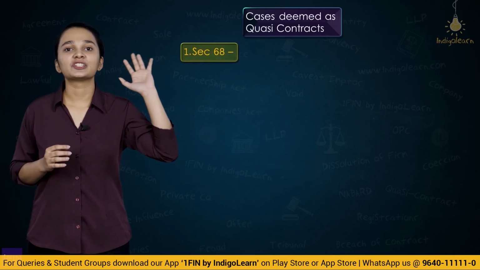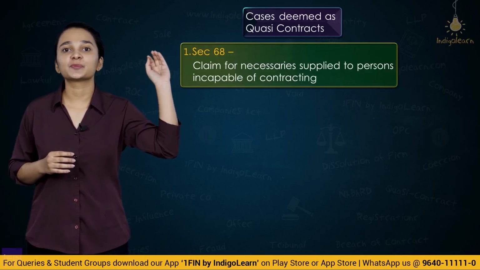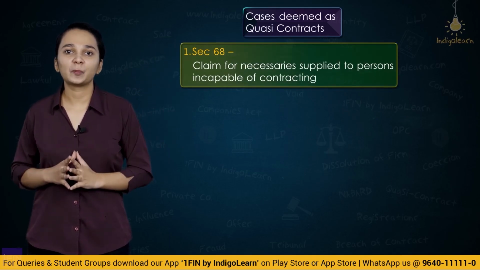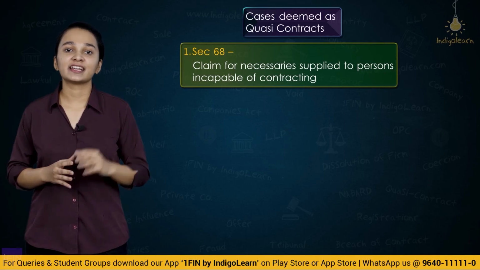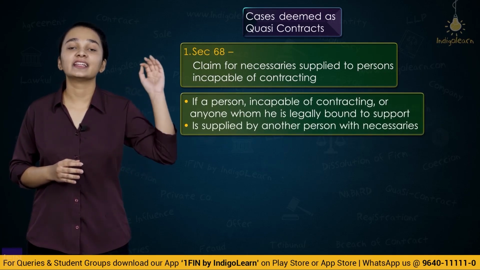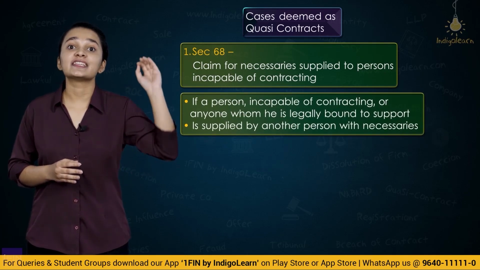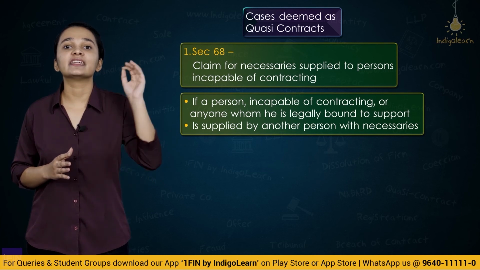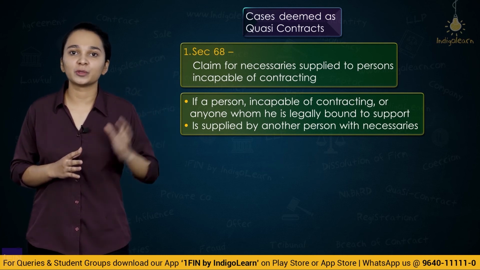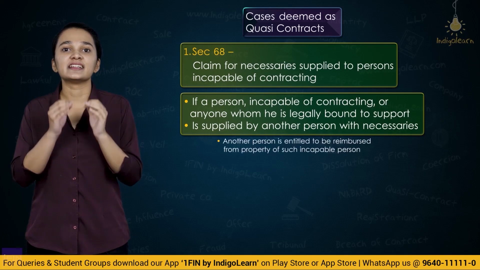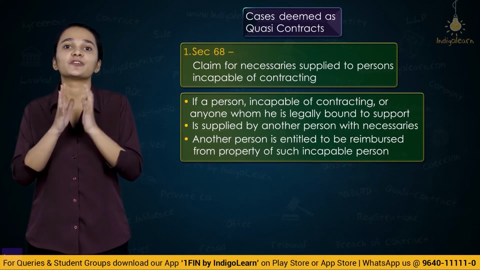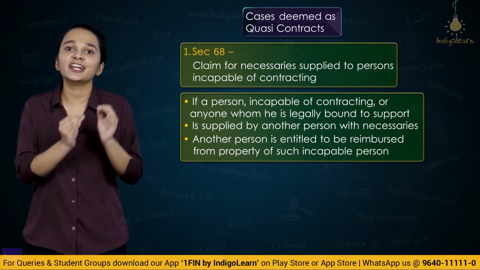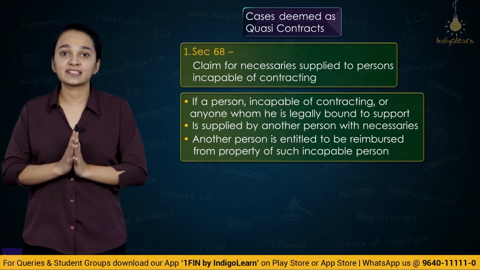Section 68 talks about claim for necessaries provided to incapable persons. This section says that if a person provides necessaries which are essential for the survival of an incapable person, then this person is entitled to receive reimbursement of the amount which he has spent on provision of necessaries.